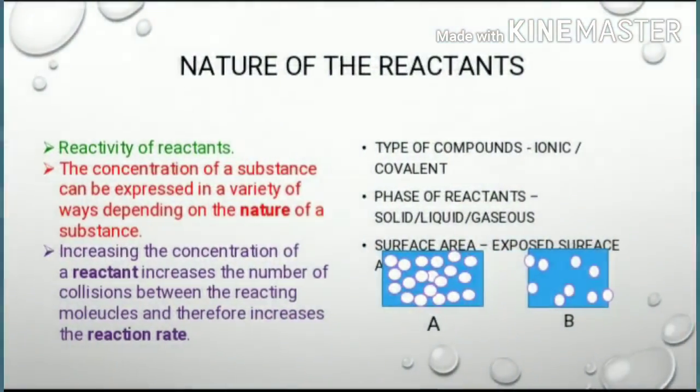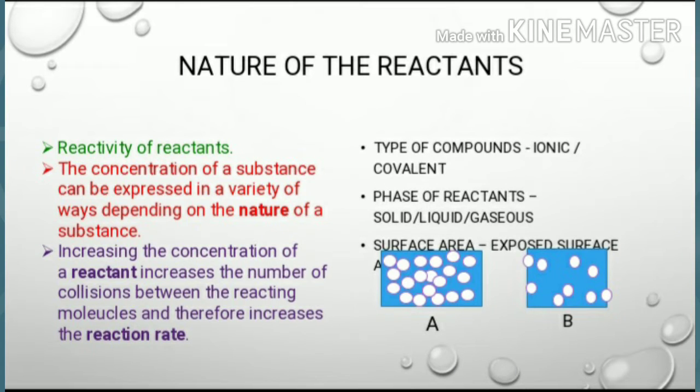First, nature of the reactants. Nature or reactivity of reactants influences the rate of a chemical reaction. The concentration of a substance can be expressed in a variety of ways depending on the nature of a substance.